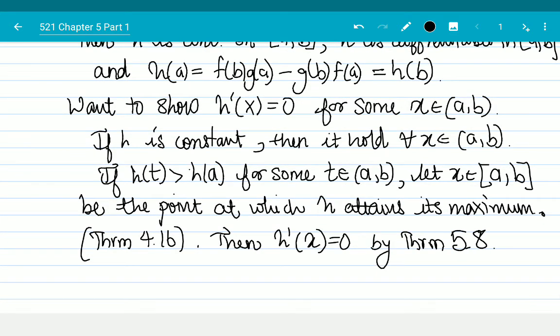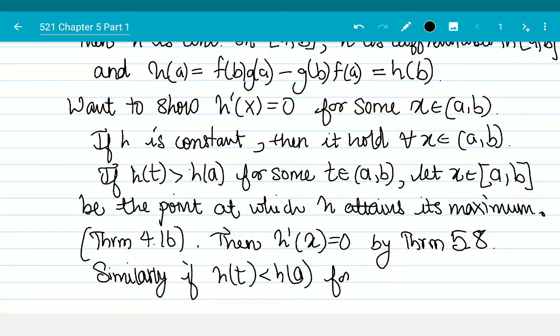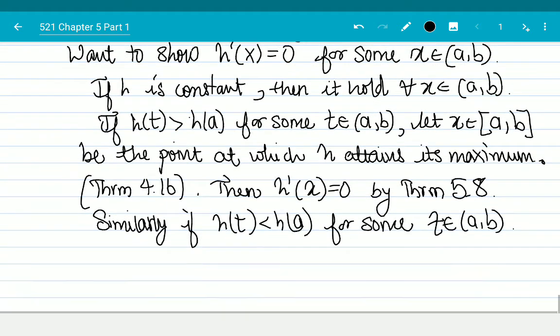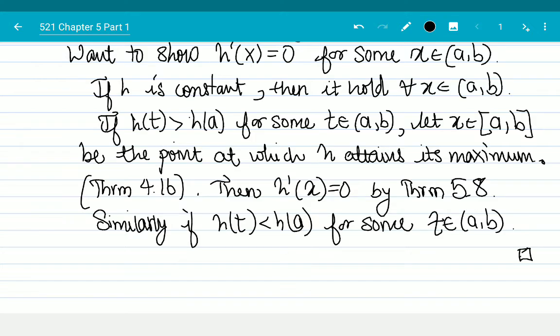Okay, similarly, if h of t is smaller than h of a for some t belonging to (a,b), so in that case you can find a minimum rather than maximum, and the same exact result holds.